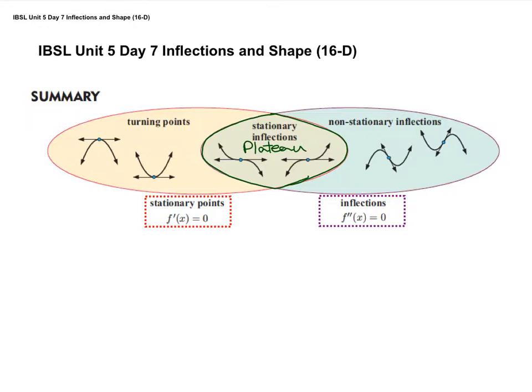So I want to finish looking at second derivatives. One of the things that is a little bit different than the focus that either honors calculus or AP calculus has for derivatives is that IB really places a lot of emphasis on being able to determine things from the graphs.